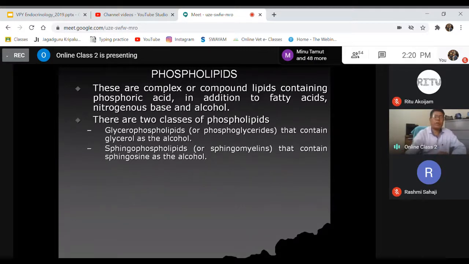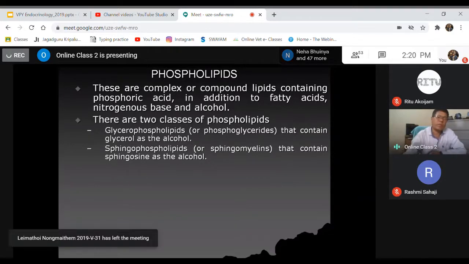So there is a difference in the alcohol present. It may be glycerol, sphingosine or dihydrosphingosine. Based on what type of alcohol is present, it is divided into two: the glycerophospholipids and the sphingophospholipids.